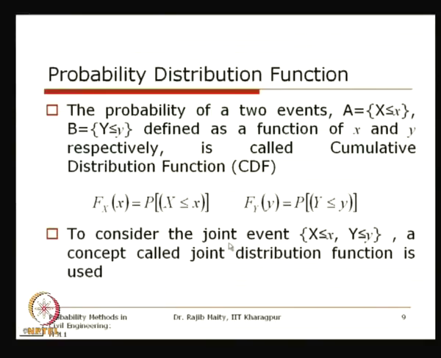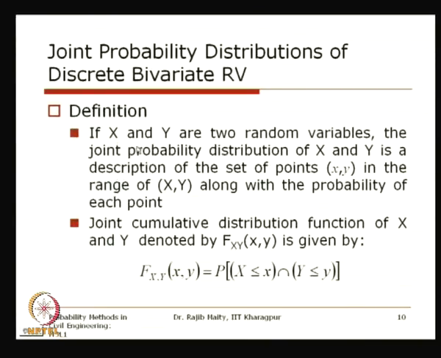Now that is for single random variables considered separately. To consider the joint event, when we talk about the joint probability distribution, X less than or equal to x and Y less than or equal to y, this concept is called the joint distribution function. If X and Y are two random variables, the joint probability distribution of X and Y is a description of the set of points (x, y) in the range of the random variables along with the probability of each point.